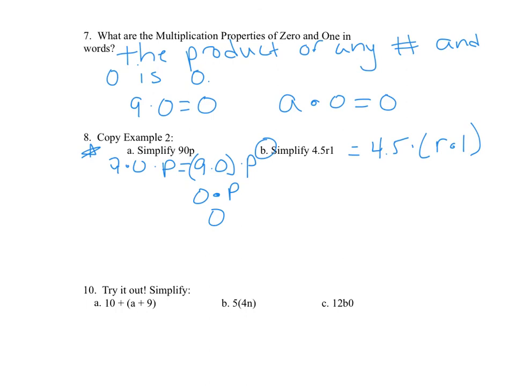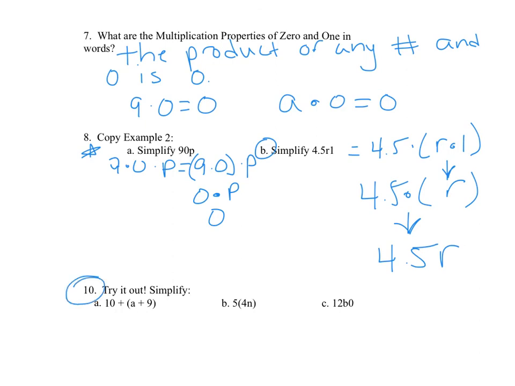Well, r times 1 is going to be r, right? And then we'd still have our 4.5. And 4.5 times r equals 4.5r.